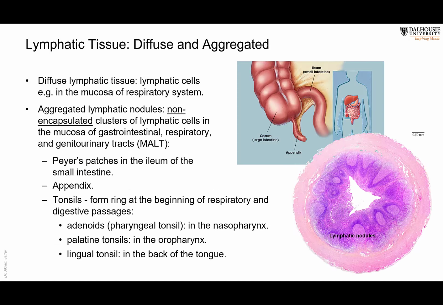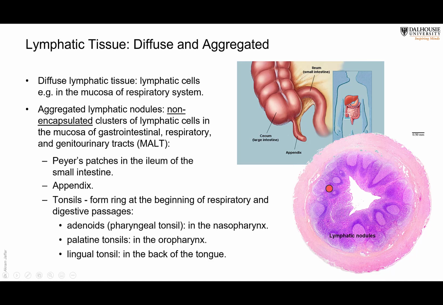So the lymphatic system could be diffuse. If you have a section of the submucosa of the trachea or of the esophagus, you will find that there are diffuse lymphocytes in the submucosa. But in certain places, these lymphatic cells will aggregate together and form nodules. This is 1, 2, 3, 4, 5, 6.